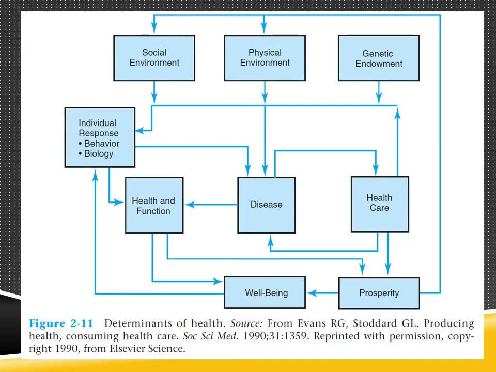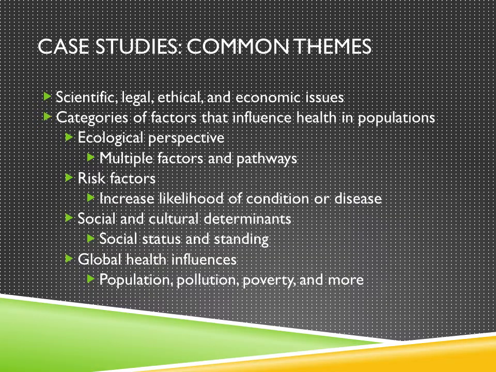To review, this model reminds us that our health is influenced by the interaction between multiple levels all around us, like the individual or interpersonal level, the intrapersonal or group community level, and the physical, social, and political environments. We're using this key public health theoretical framework to understand community health assessment and improvement. So let's now turn to our case studies.